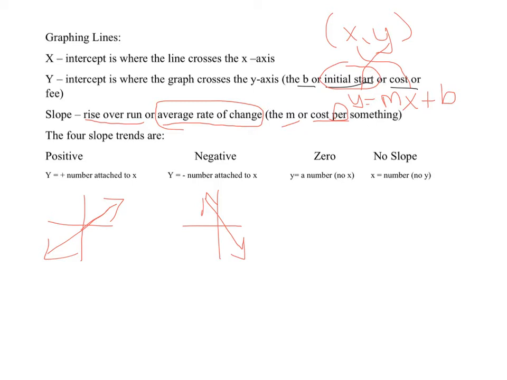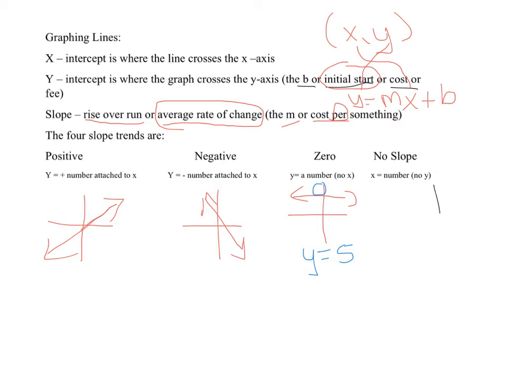My 0, if I drew a 0 slope, I could put the number 0 on it and it won't roll anywhere. Okay, so y equals a number, no x. So y would equal, in this case, let's call that 5.